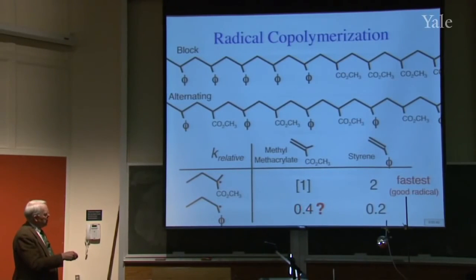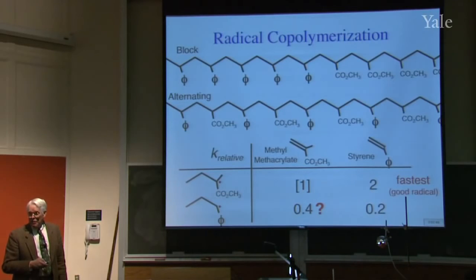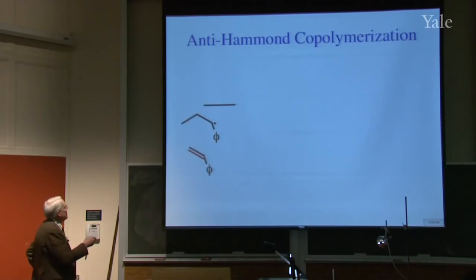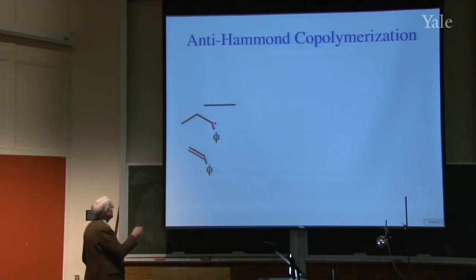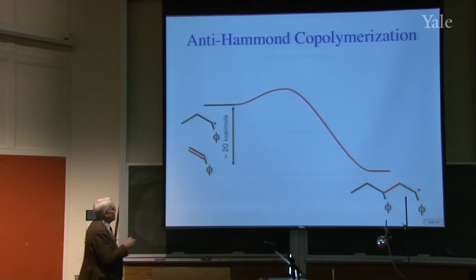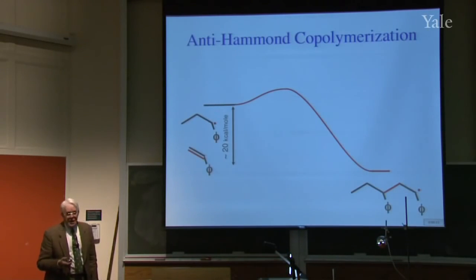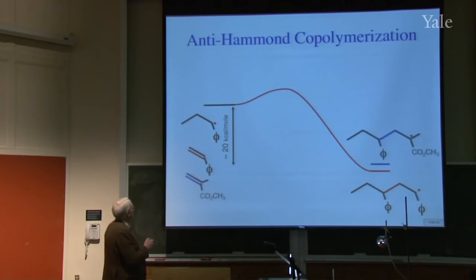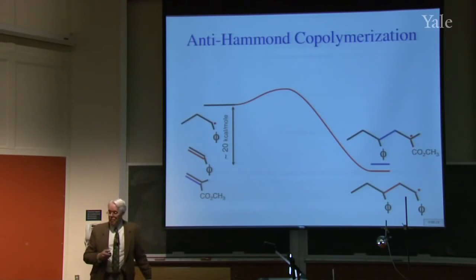But why does this one prefer not to form the good radical, but to form what appears to be the less good radical? Okay, so here's our radical starting, and it can add to this to give that. And that turns out it would be something like that. And it's 20 kilocalories per mole exothermic. That's great, right? But if we react with the other alkene, then it gives this, which is less stable, right?